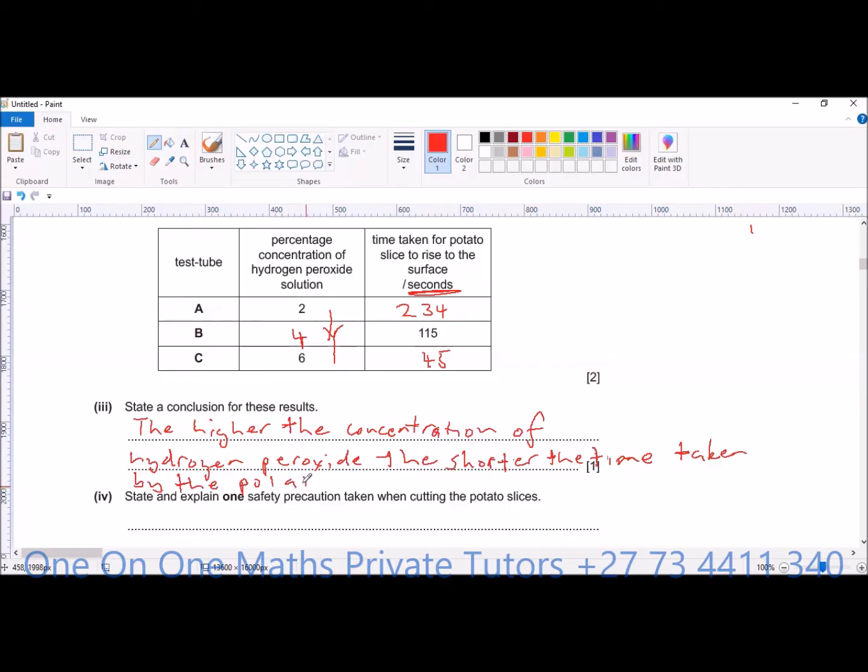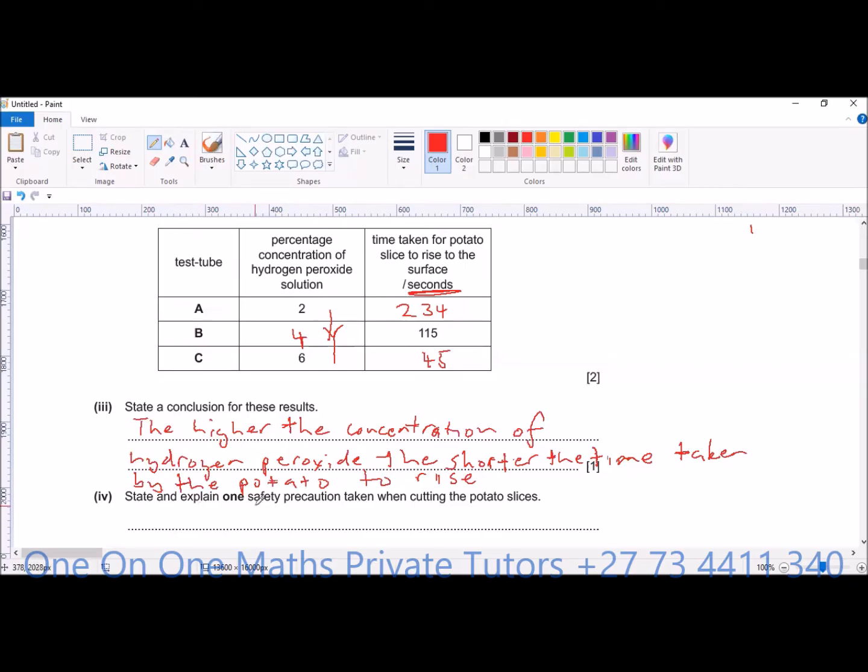Okay, because we can see clearly if concentration increases, the time is becoming shorter to rise. Okay, all right. Let's go on to the next question.